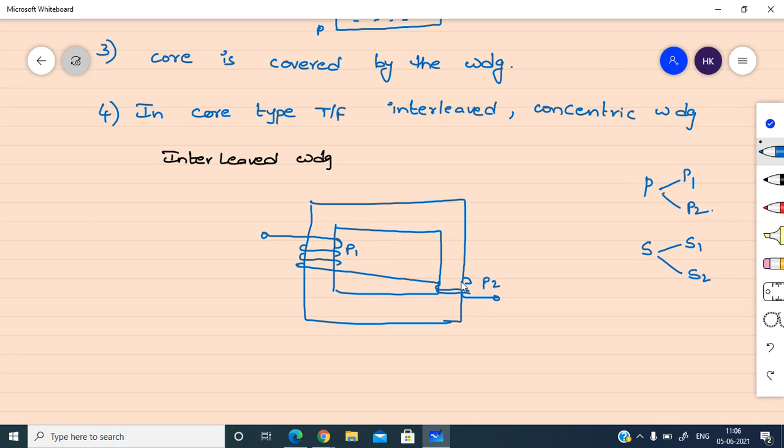This is P2. Next, S1. P1, S1 both will be connected on the one limb.